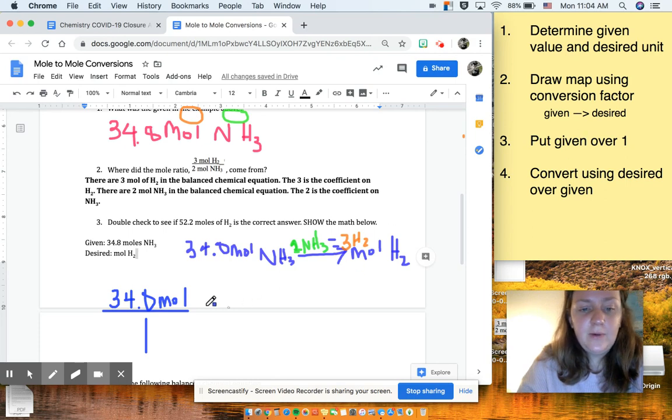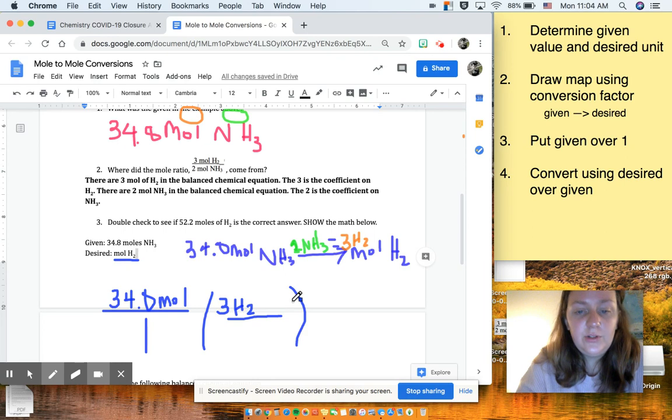We only have one conversion factor, and we're going to convert using desired over given. Since our desired is moles of H2, I'm going to put 3 H2 on top. Technically, we should be writing 3 moles of H2, but I'm not being super particular here because it's really hard to write. And then our given is moles of NH3, so we're going to put that 2 NH3 on the bottom.